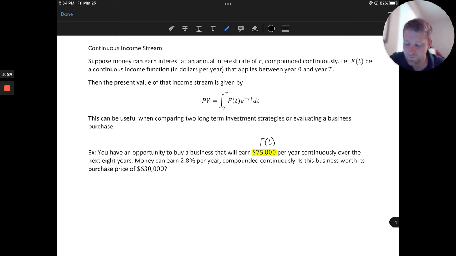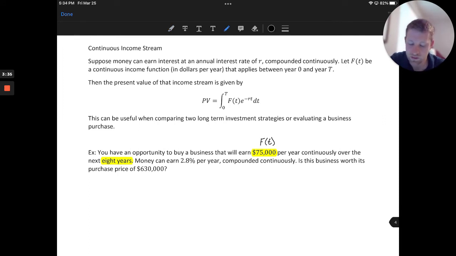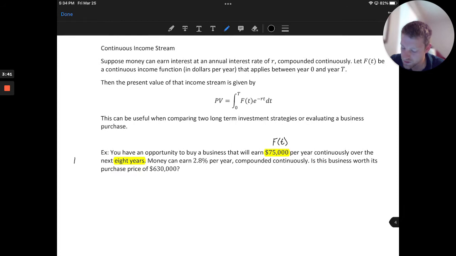It says that we can have this income stream for the next 8 years. This 8 years is representing that capital T value. So we're going to be able to accrue this income from year 0 to year capital T, where capital T is equal to 8.